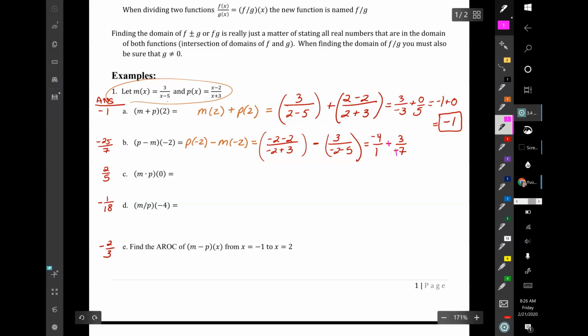I can just put my pluses in there so I don't forget. And then get a common denominator. -4 would be -28/7. You can just think, what's 4 times 7, is the easiest. And then +3/7. So my answer on that would be -25/7.